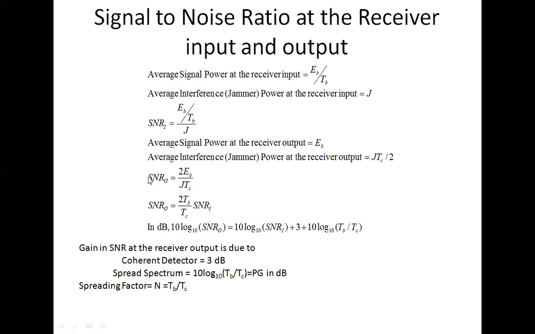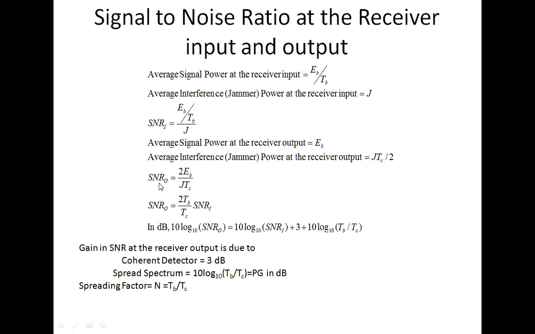Now let us come to the expression for SNR at the output of the receiver. The average signal power at the receiver output is E_b and the average interference or jammer power at the receiver output is J T_c divided by 2. We'll not worry about the derivation of this.